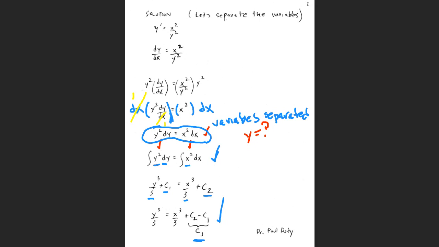Every time I combine constants, I get new constants. I just rename them. You can't call this C and this constant C, you can't give them the same names, because you have to allow them to be different constants.